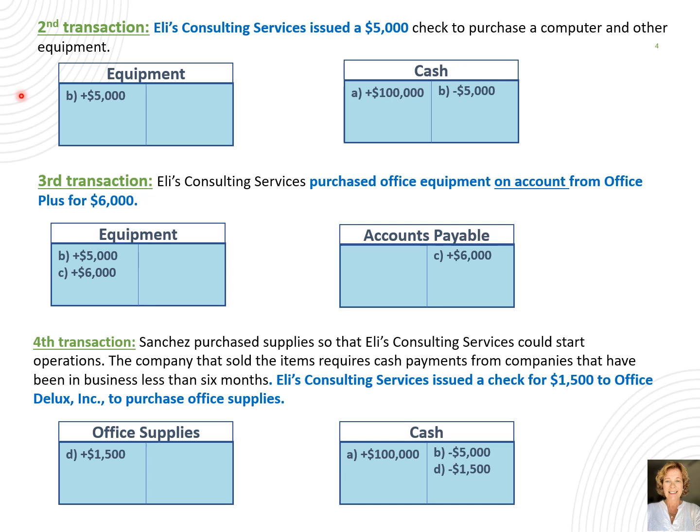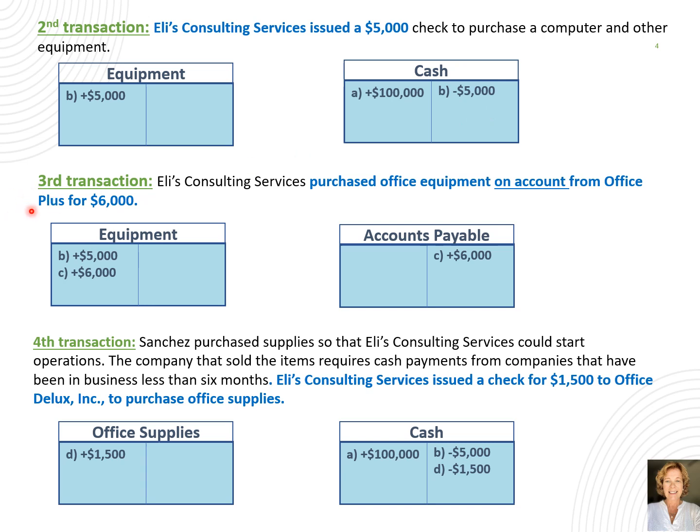One increases and one decreases. The equipment account increases. That means that we increase the account on the left side with a debit of $5,000. Cash decreased. Cash is an asset. Assets decrease with credits on the right side. So we'll write $5,000 onto the right side.